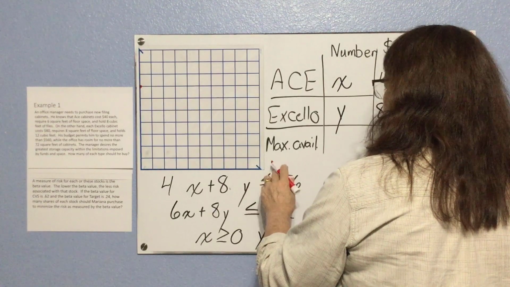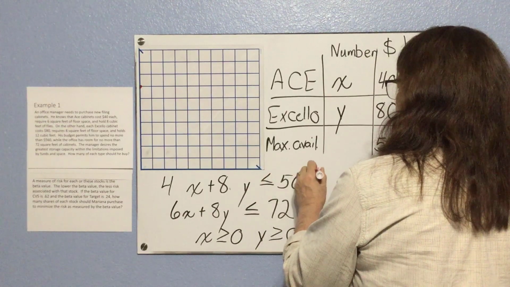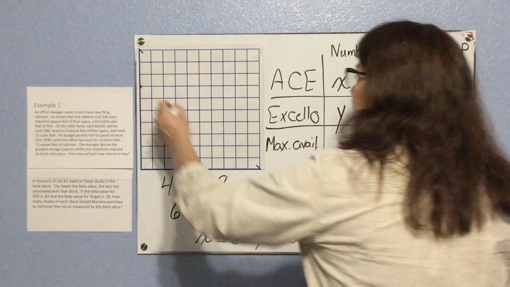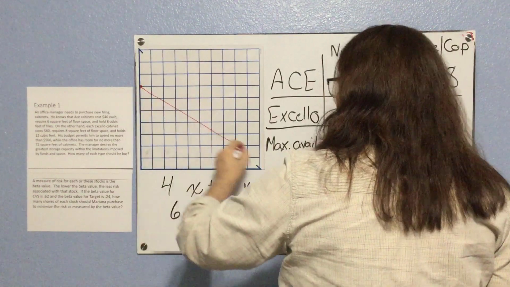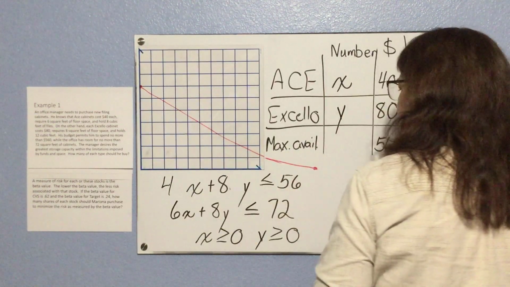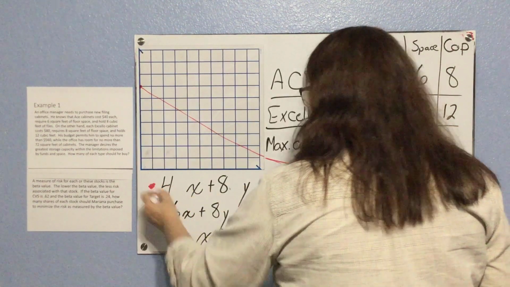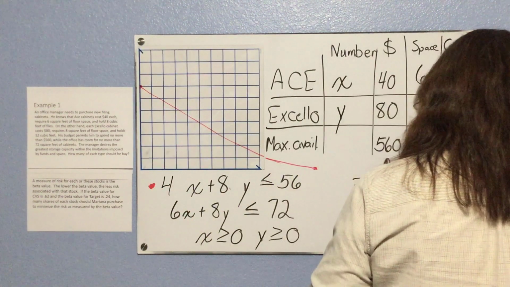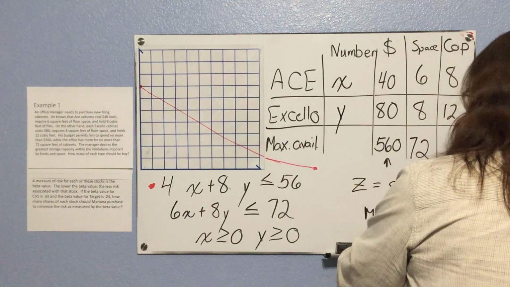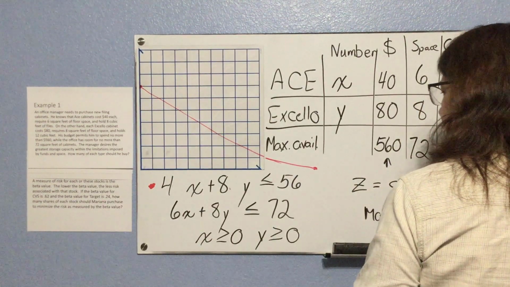So 10, 11, 12, 13, 14. Out here a little ways. So that is our money equation, or inequality.